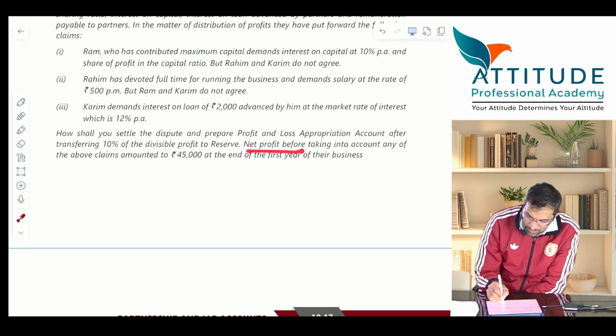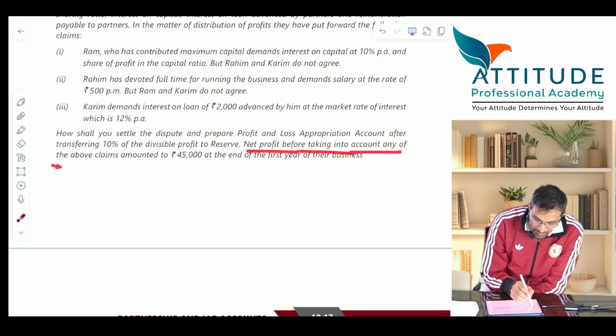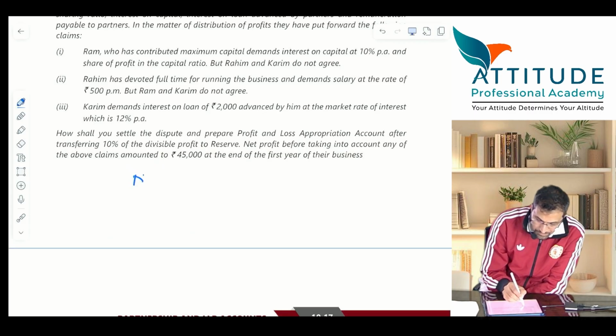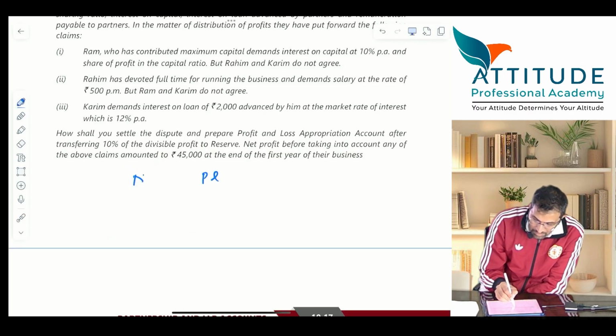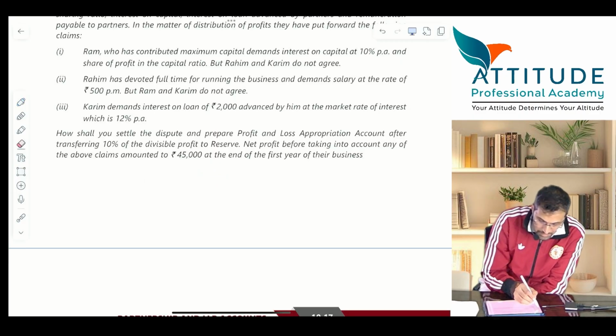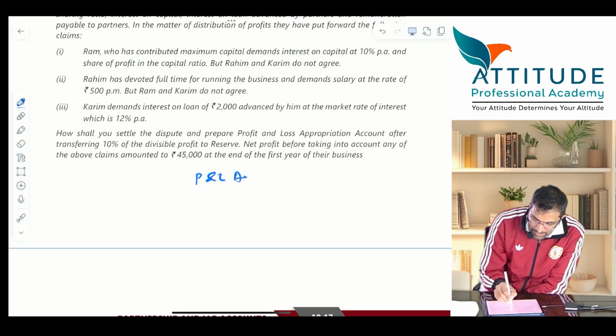Okay. Net profit before taking into account any of the above claims amounted to rupees 45,000. So what is the net profit? Please concentrate here. Profit and loss appropriation account.